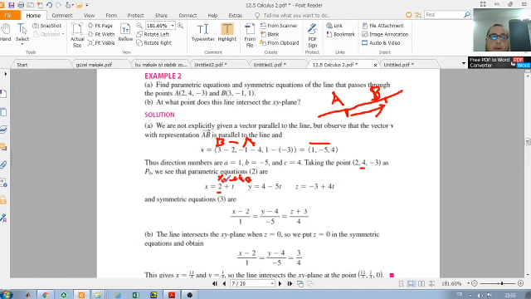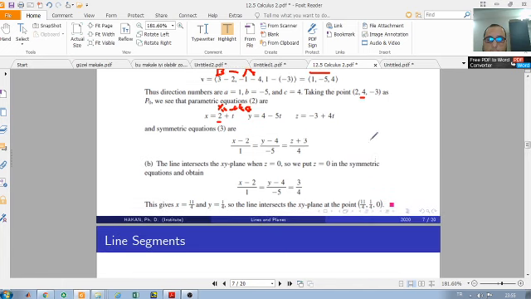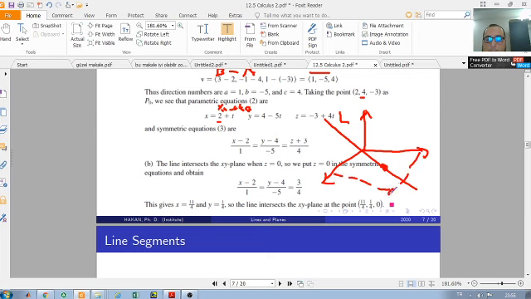So how can we find the intersection point of the line in the example and the xy plane? Actually, we want to find the intersection point of the line with the xy plane in the x-axis, y-axis, z-axis system.